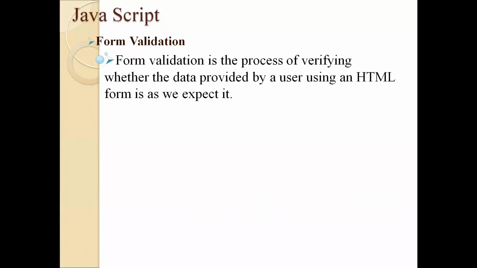If we ask for the date of birth, then it must contain date, month, and year. And when we ask the user to enter a mail ID, then at the end of the mail ID we will have @gmail.com or @outlook.com or @yahoo.com. So there are some basic rules for each and every field.